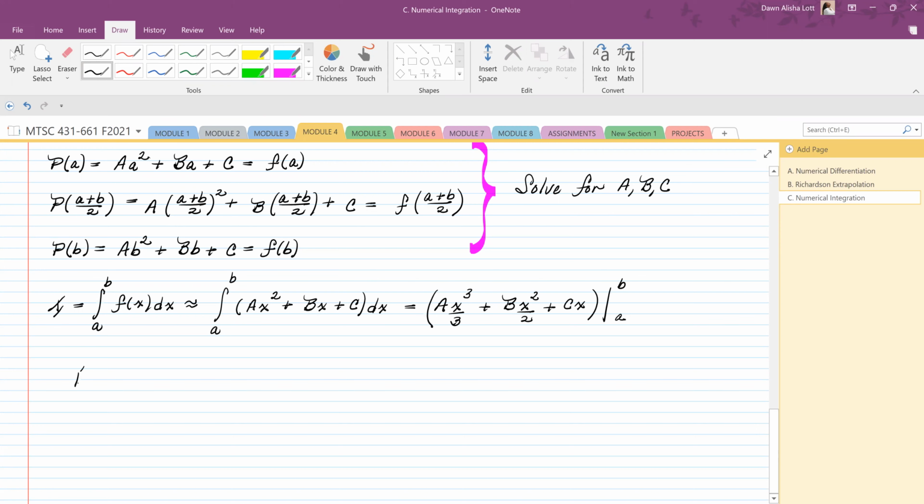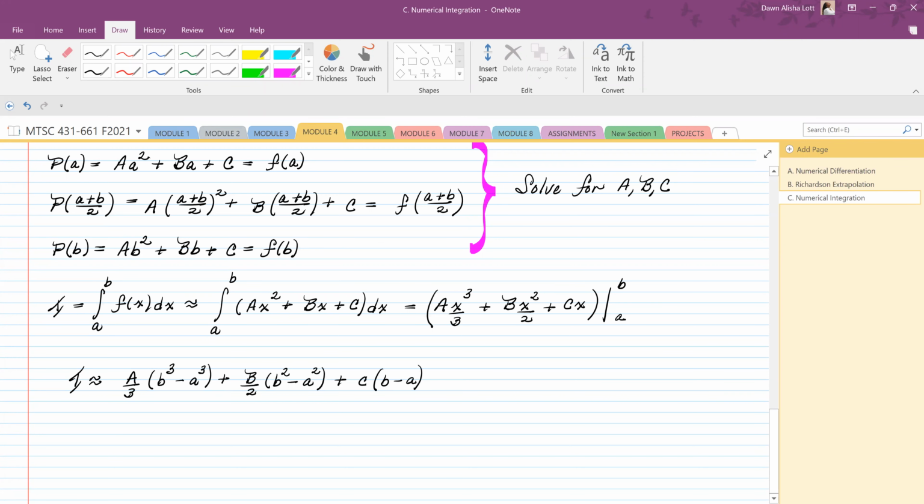So my integral is approximately A over 3 times (b cubed minus a cubed) plus B over 2 times (b squared minus a squared) plus C times (b minus a).